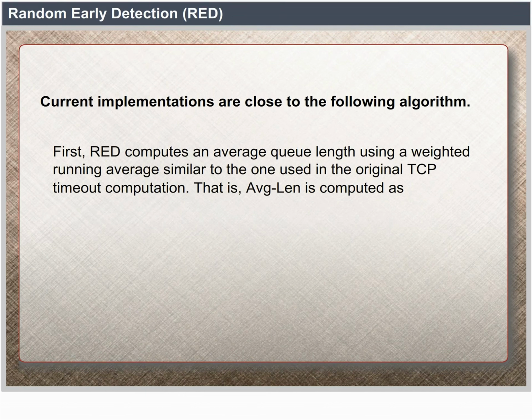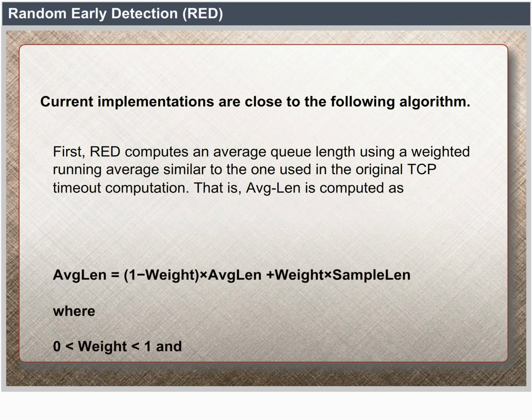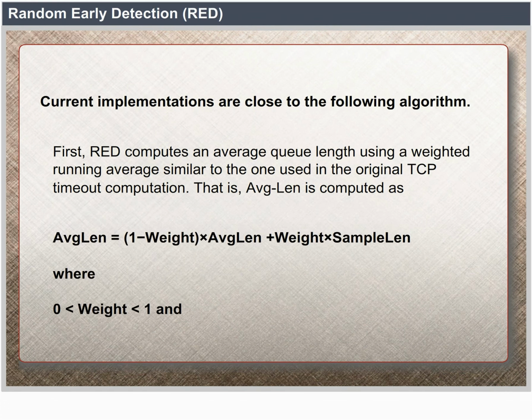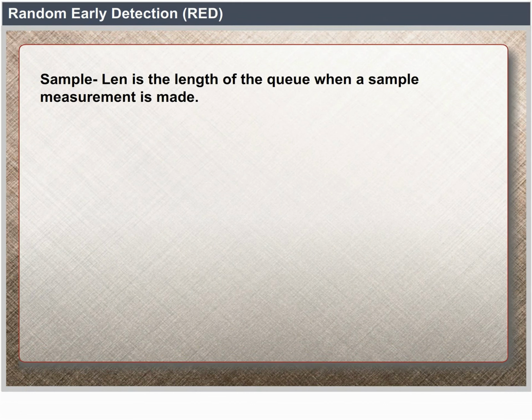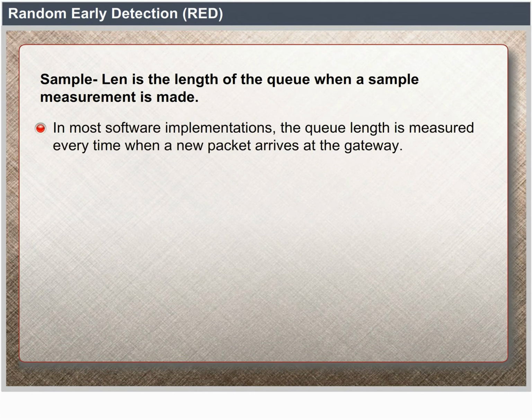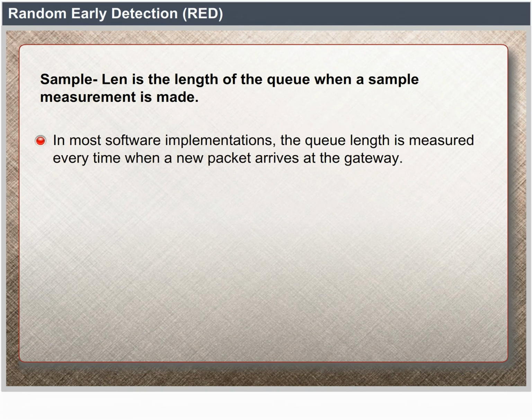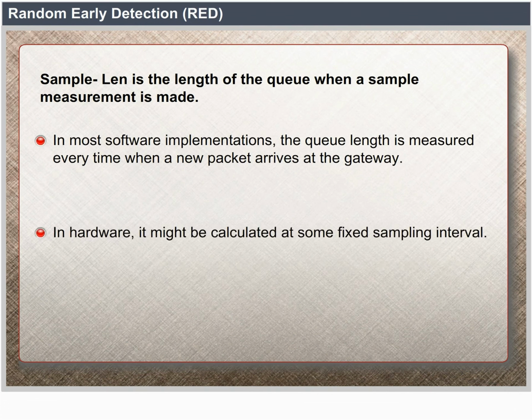That is, AvgLen is computed as AvgLen = (1 - Weight) x AvgLen + Weight x SampleLen, where 0 < Weight < 1 and SampleLen is the length of the queue when a sample measurement is made. In most software implementations, the queue length is measured every time a new packet arrives at the gateway. In hardware, it might be calculated at some fixed sampling interval.